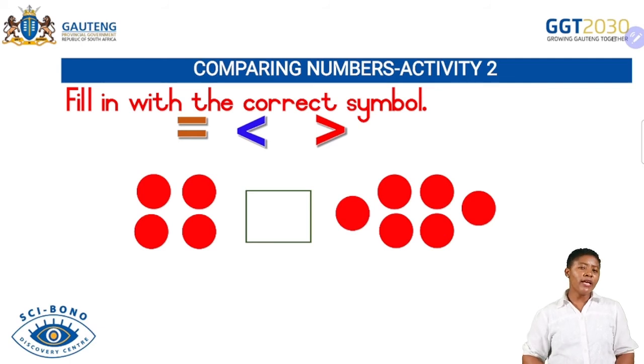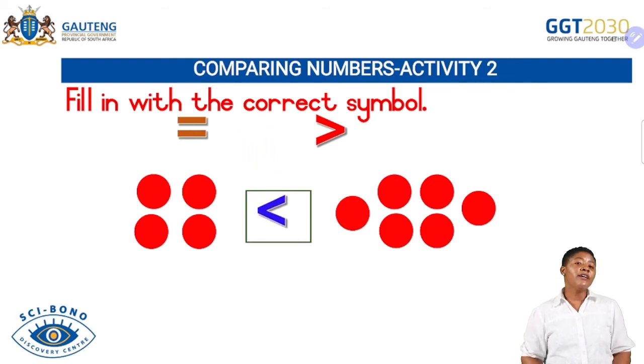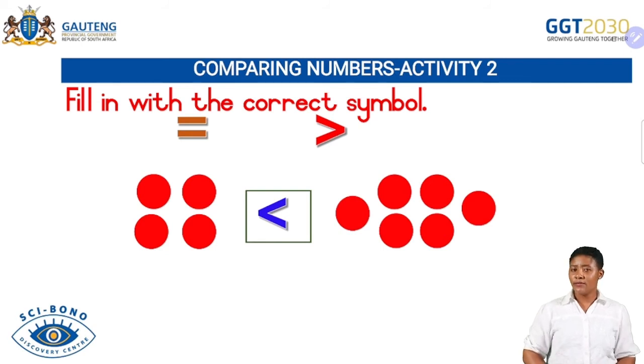So which sign are we going to use? Is it the equal sign, greater than, or less than? We are going to use less than, because number 4 is less than 6 dots. Can you see? This is the sign to show that it is less than.